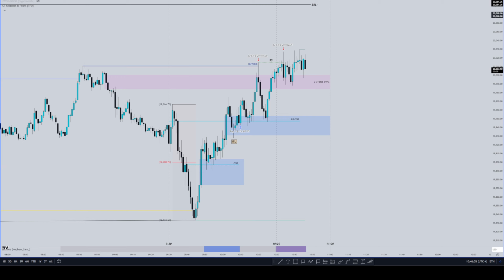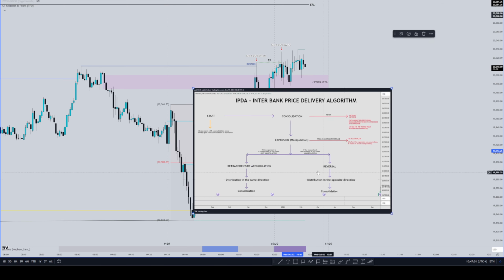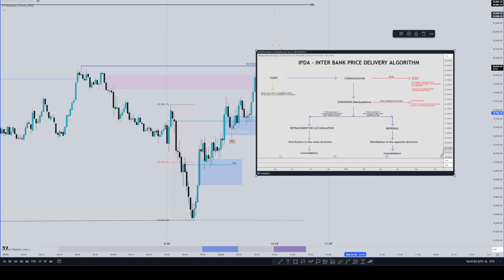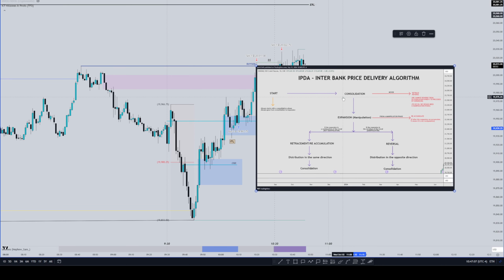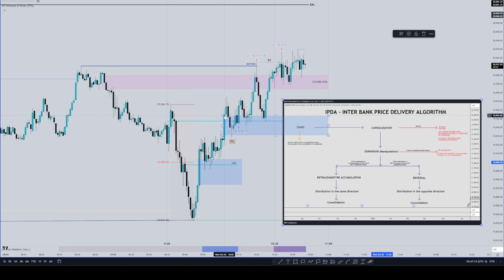So I'm going to pull up the notes really quickly. We'll go over this one last time before I wrap up the stream. This is from Ephesians. It's also posted in notes and PDFs. Everything starts with consolidation. Consolidation in here, you could also use this if you want to, but consolidation, expansion.